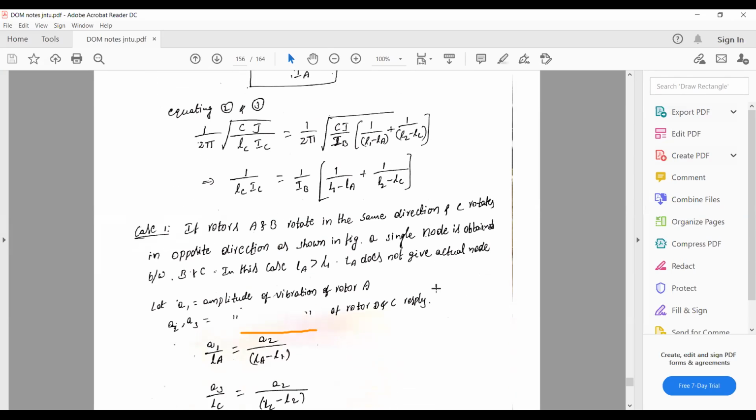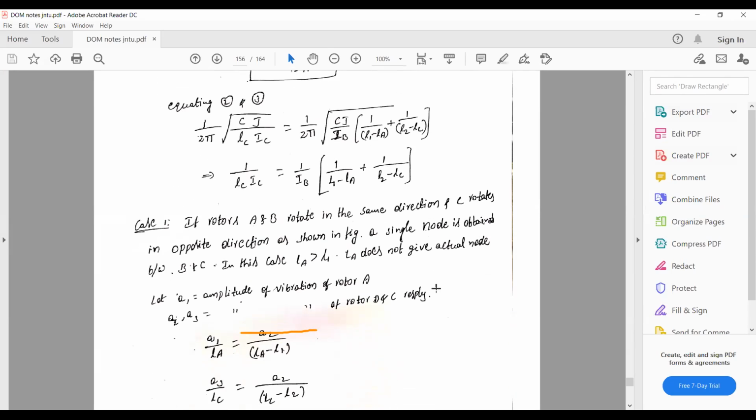They may also give some other cases. That is, A and B rotate in the same direction and C rotates in the opposite direction. You have to observe this. A and B rotate in the same direction and C rotates in the opposite direction. So then what will happen?